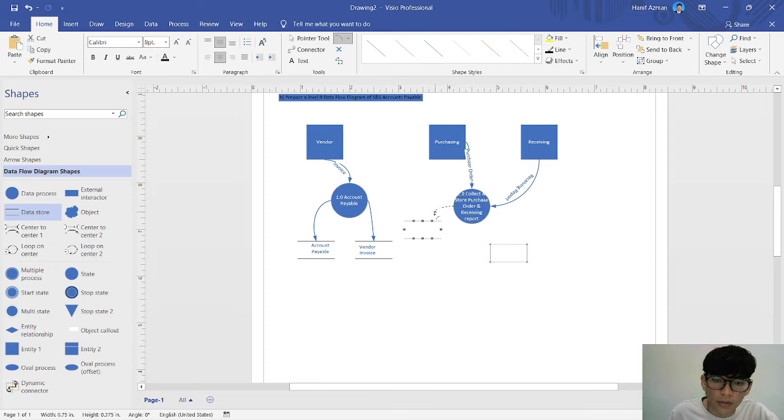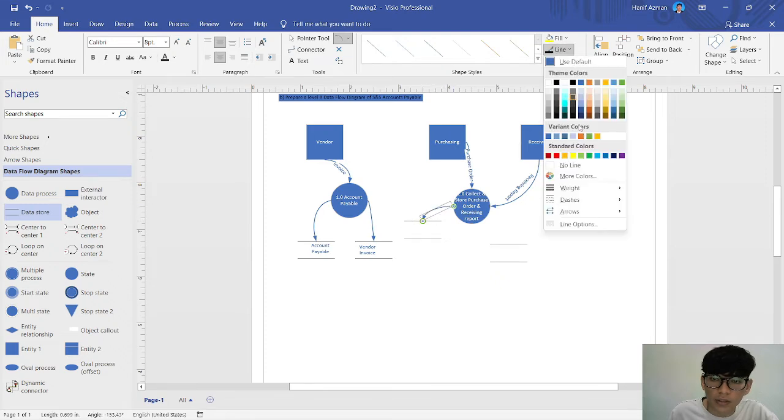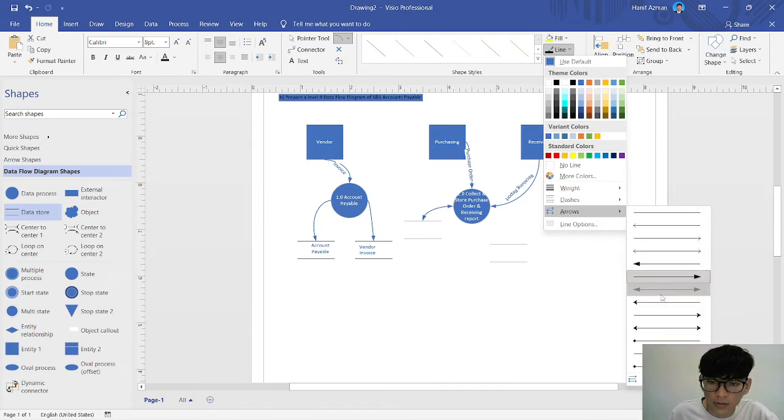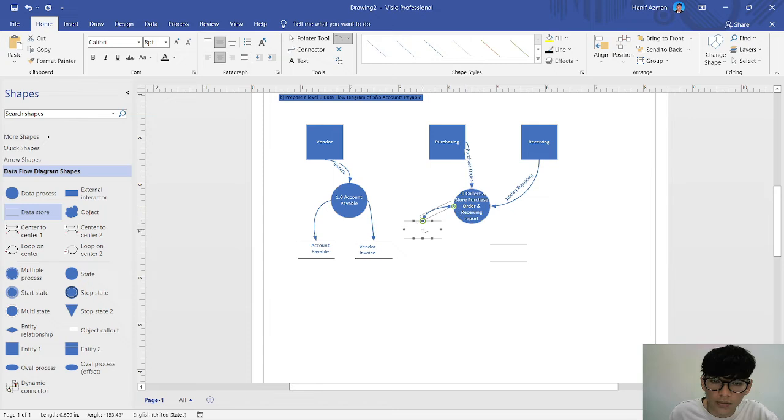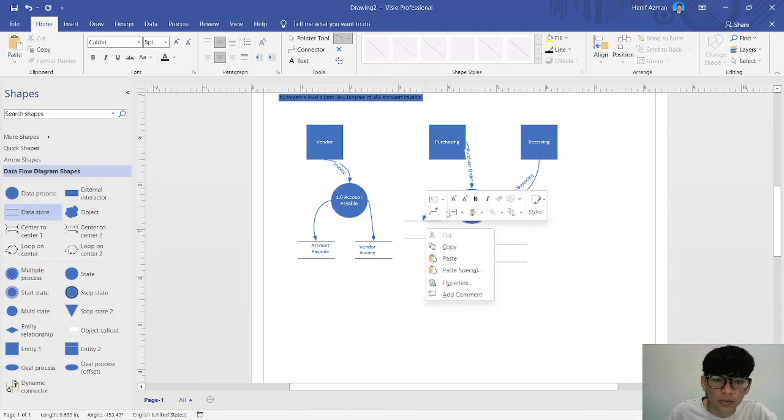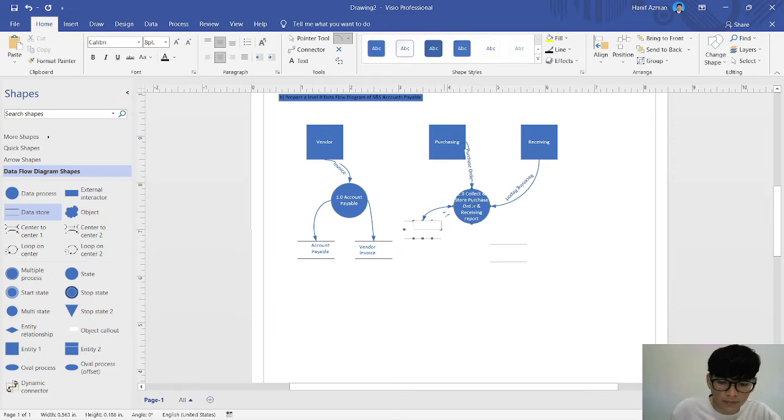And then I will draw arrows from collect and store purchase order and receiving report, which is the purchase order, and here is the receiving report.